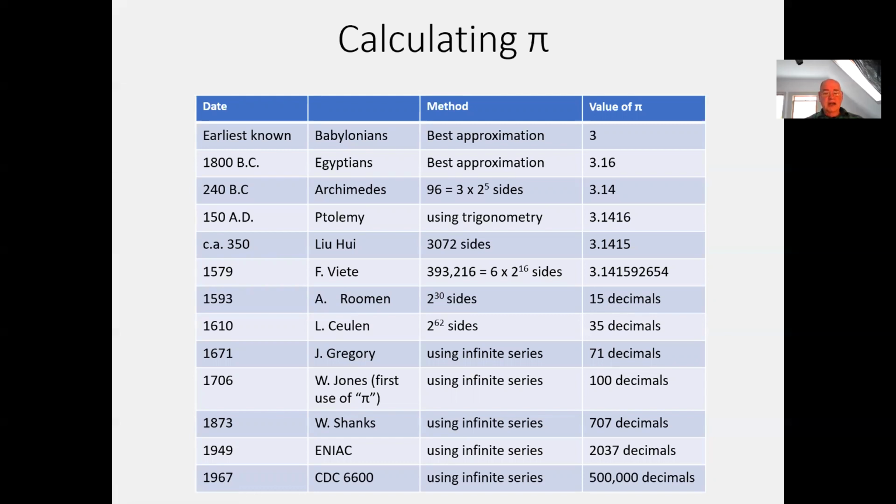And this goes on, and this is kind of a milestone here. In 1706 is the first time the letter pi is used to symbolize this number. 1706 is the first time where we see someone use the word pi, and it stuck. Seemed to be a good number, and there it kind of stuck.